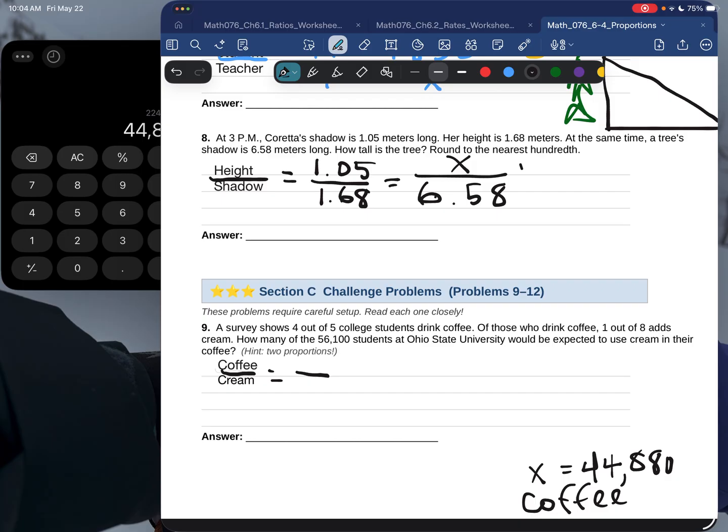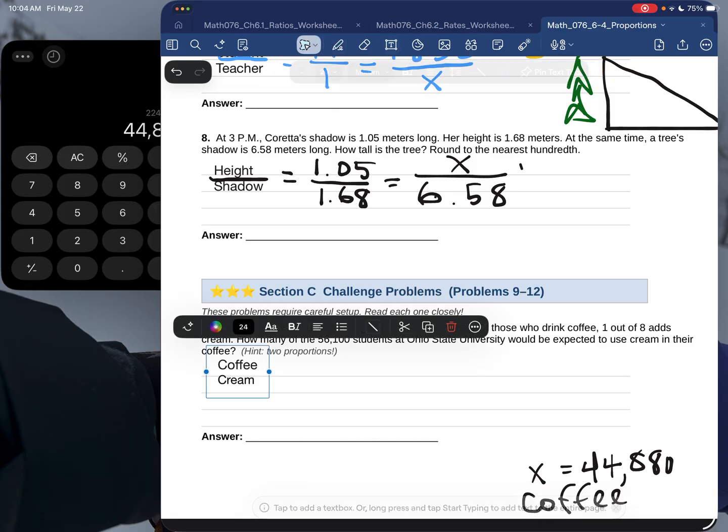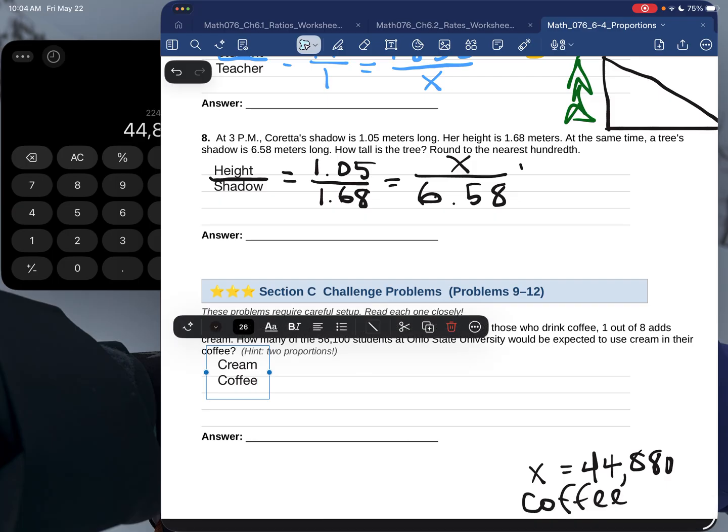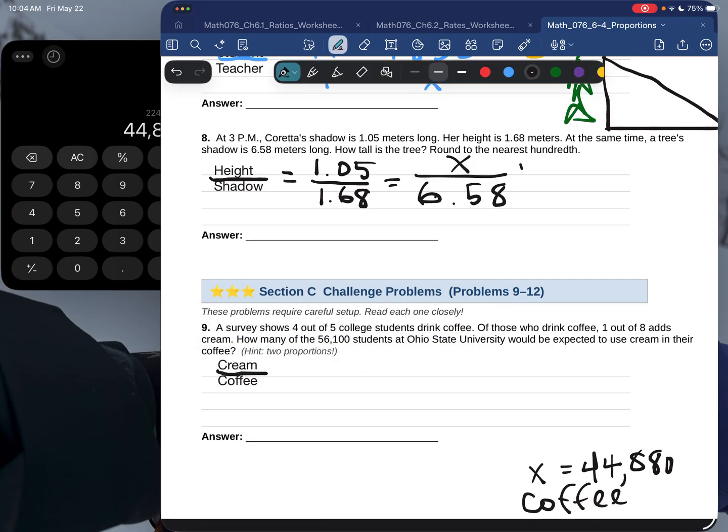I'm going to rephrase it and put cream in the numerator. Either way would be okay, I just think it makes more sense if I flip it. Cream to coffee. 1 student out of 8 puts cream in their coffee.